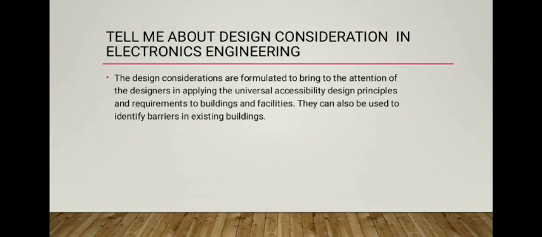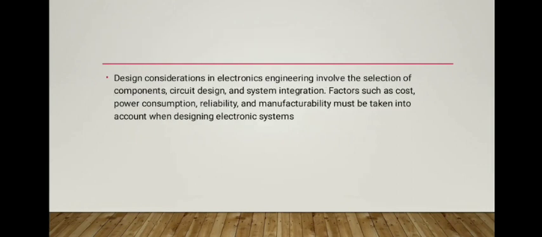About design considerations in electronics, they are formulated to bring to the attention of designers the application of universal accessibility design principles and requirements to buildings and facilities. They can also be used to identify barriers in existing buildings. Design consideration in electronics engineering involves the selection of components, circuit design, and system integration.